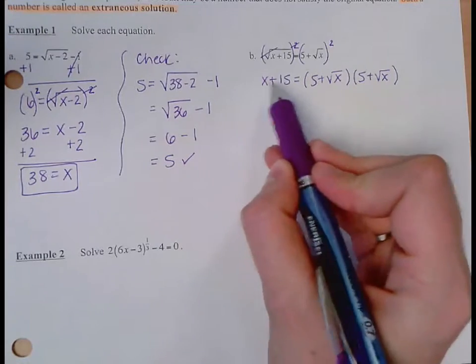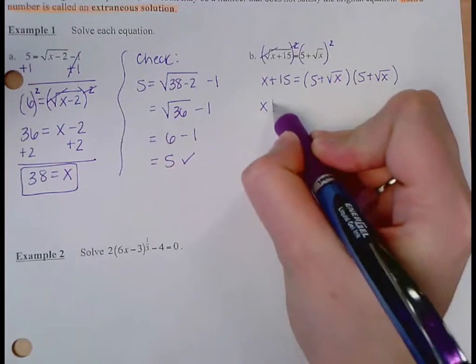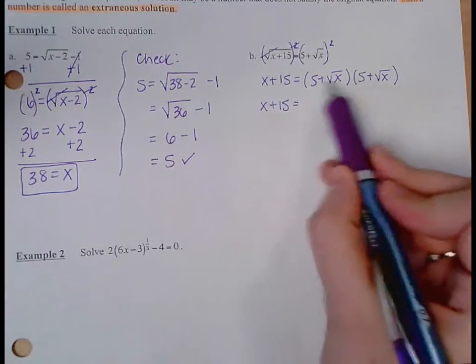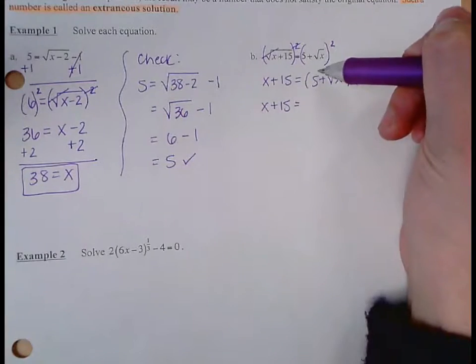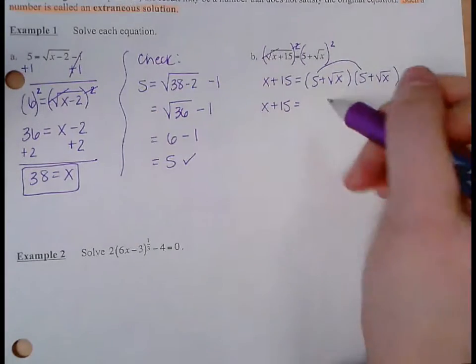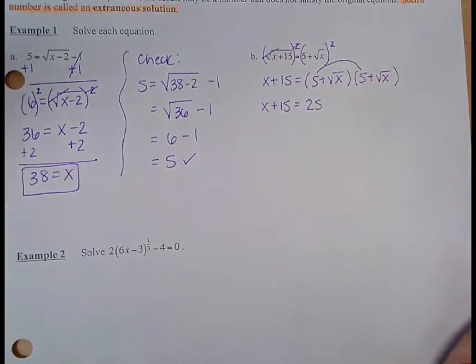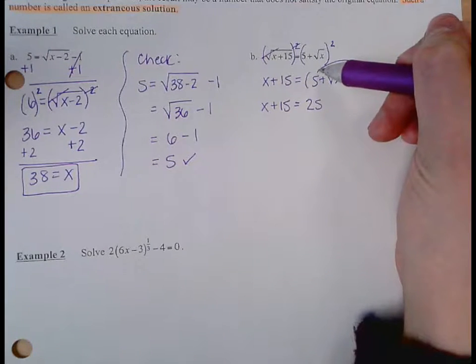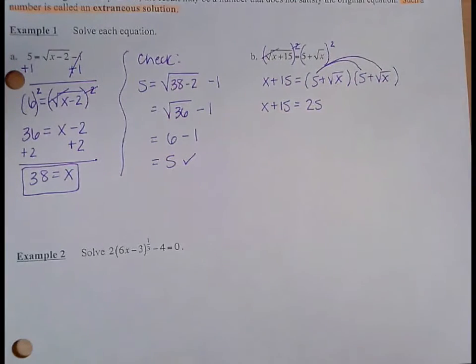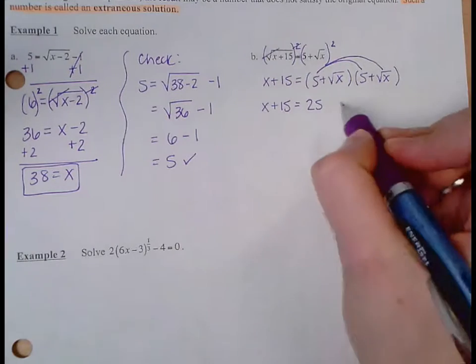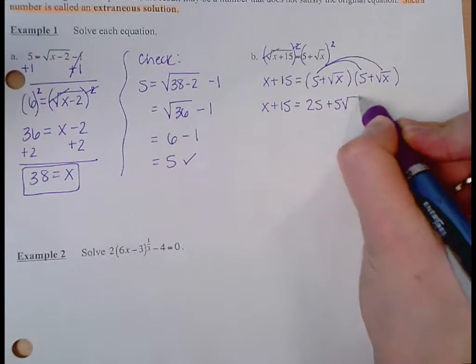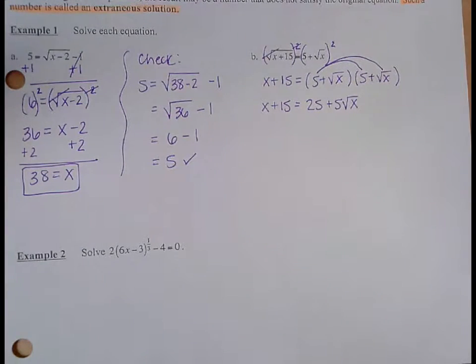So my left side is still x plus 15. I'm going to FOIL the right side. For the first terms, 5 times 5 is 25. Outside terms, 5 times the square root of x is plus 5 square root x.